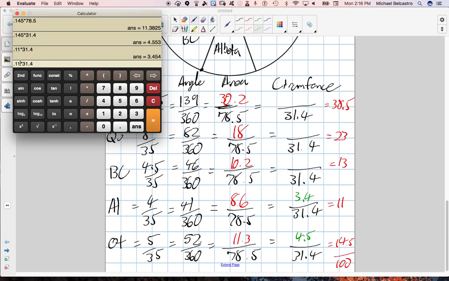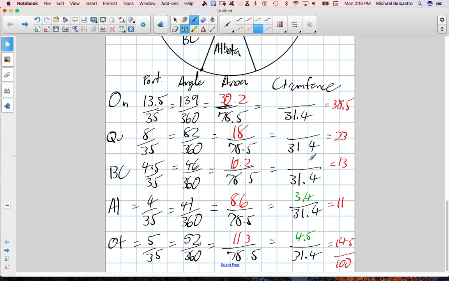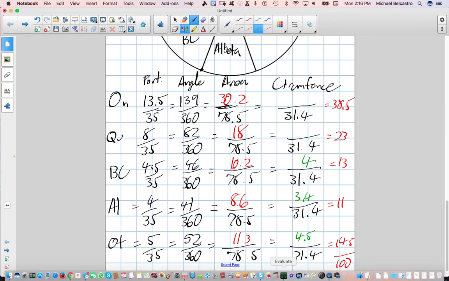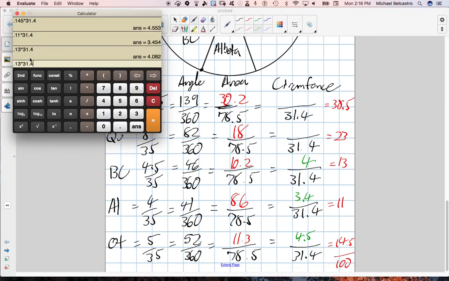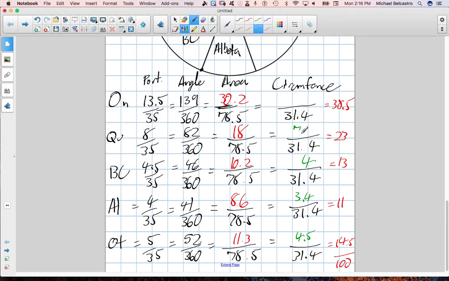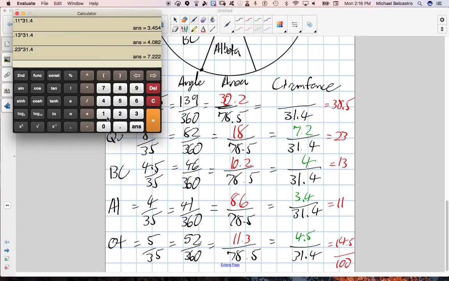Next one is going to be 13. It's going to be 4. Next number is going to be 23. 7.2. And finally, the last one is going to be 38.5. 12.